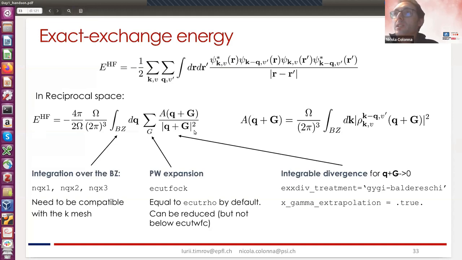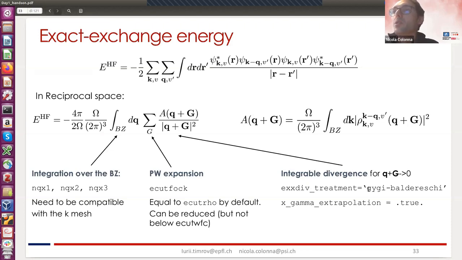But actually, you can prove that this divergence is integrable. Still, you have something that is a very steep function that you need to integrate very well. So in principle, you will need a very large number of q points to converge this integral. But for this, people have developed some very smart schemes to facilitate this convergence.